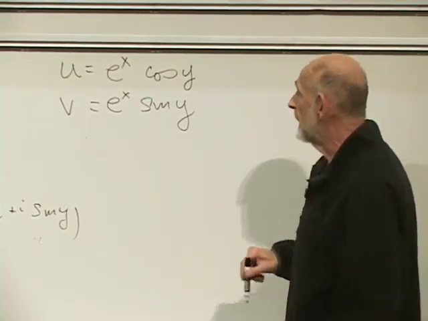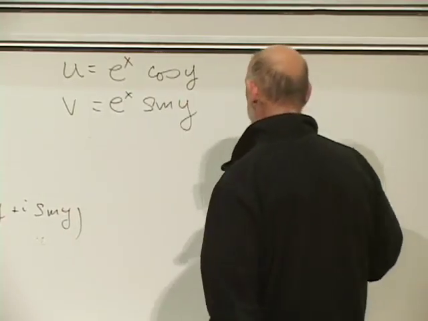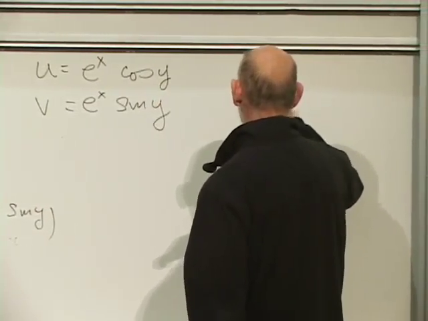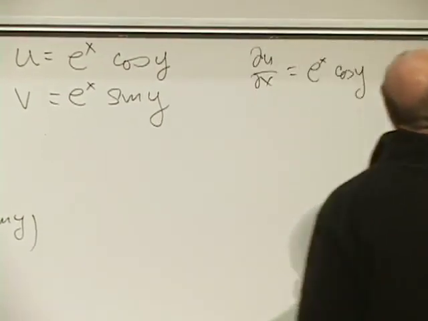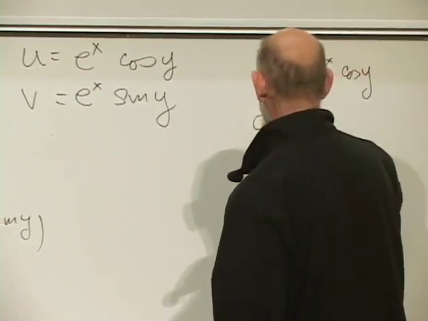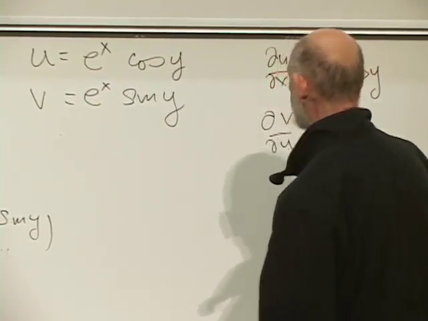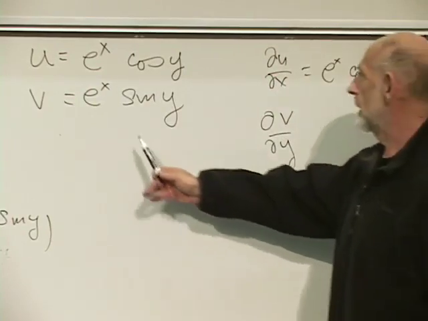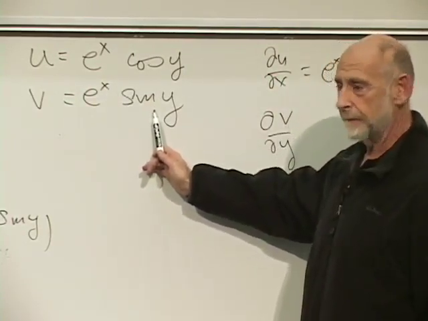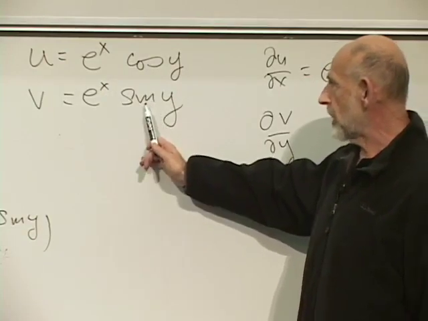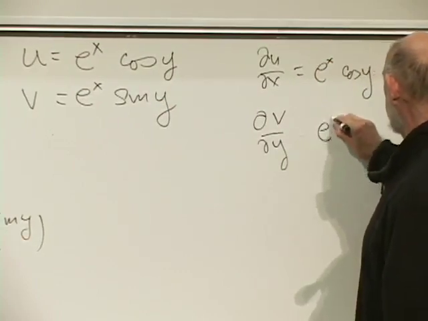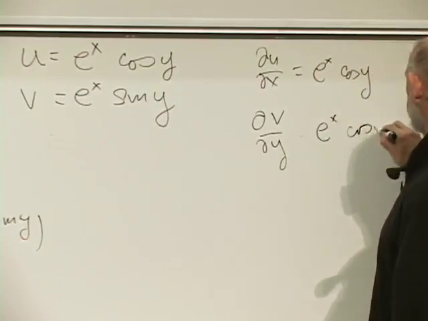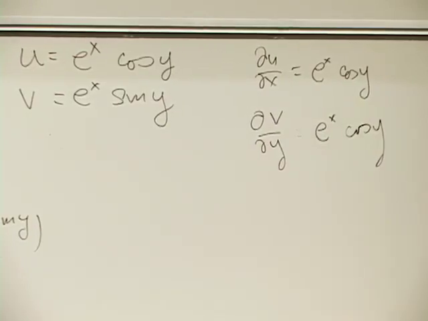You get it again. So du by dx is equal to e to the x cosine y. What about dv by dy? What do we get when we differentiate this with respect to y? The derivative of sine is cosine. So this is again equal to e to the x cosine y. Yep, so the first Cauchy-Riemann equation is correct, and you can check the other one, it's also correct.